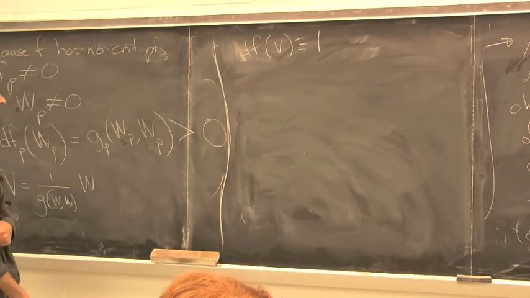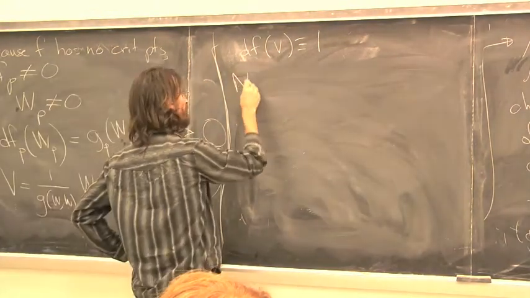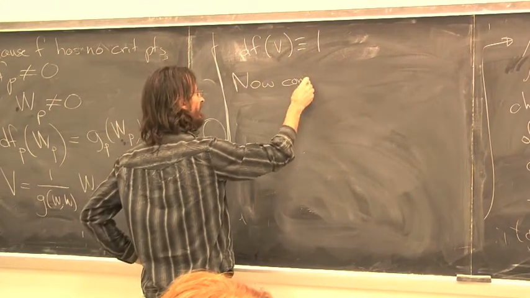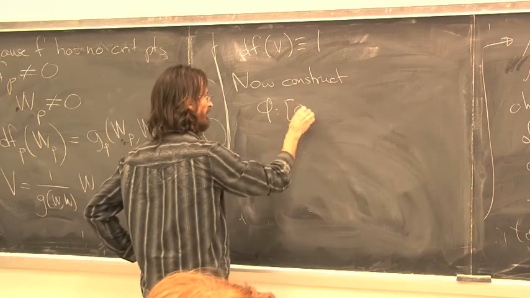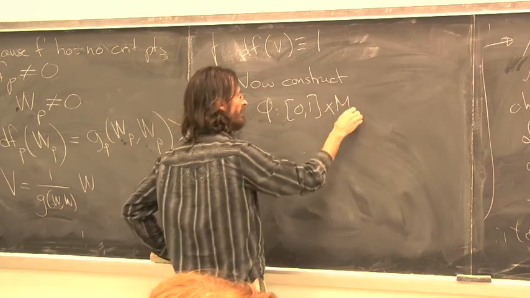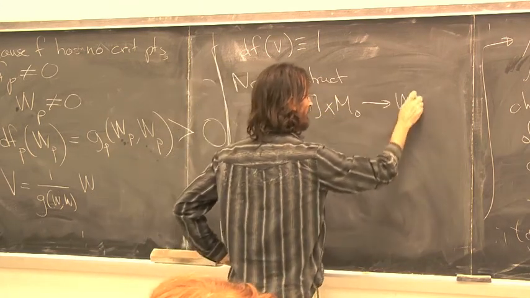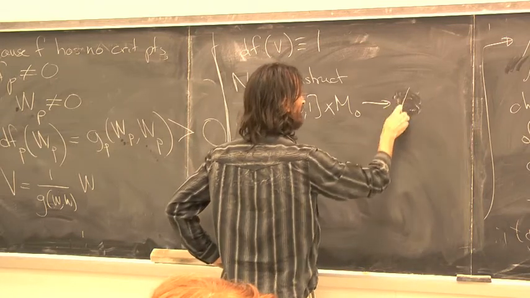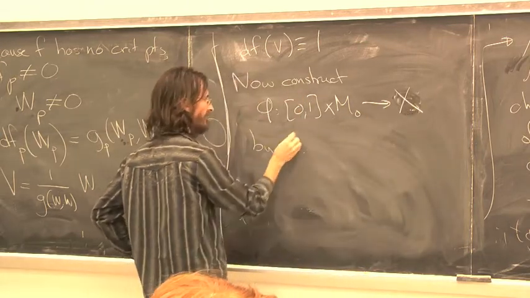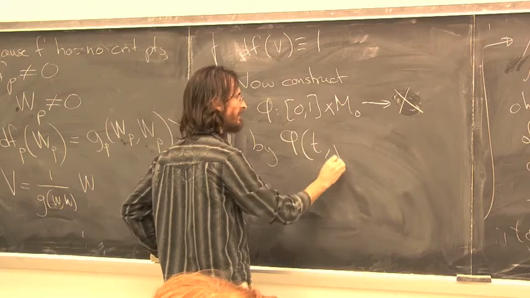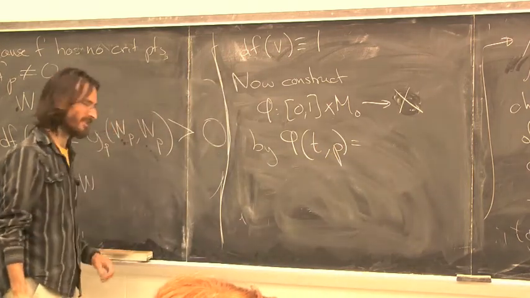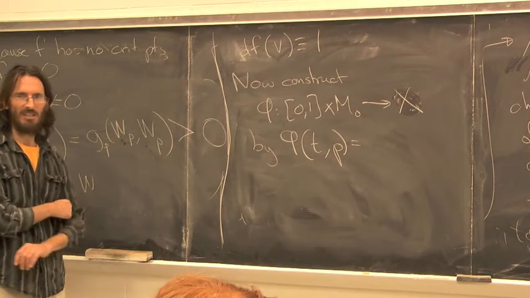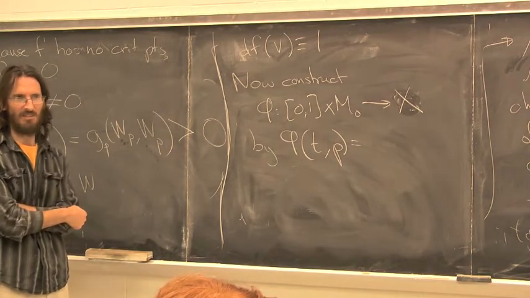So finally, to now construct phi from [0,1] cross [0, 1] to w to x by phi of (t, p) equals... Now I don't want to, the notation regarding flows can be really horrendous.